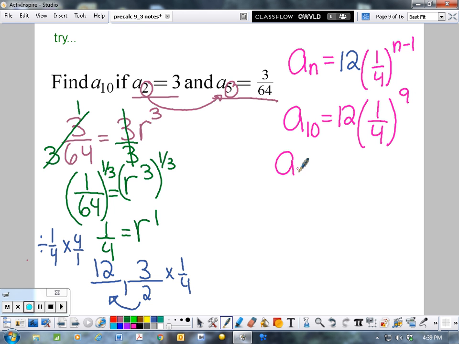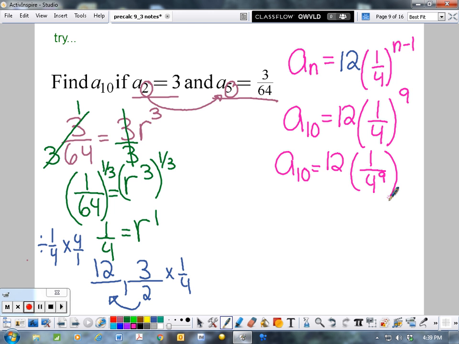So a10 is really going to be 12 times 1/4 to the 9th. And so we can work it out this way. Or we could actually do 1/4, so 0.25 to the 9th, and then times by 12.